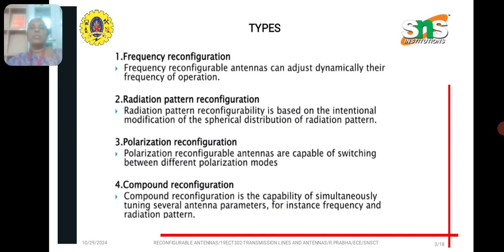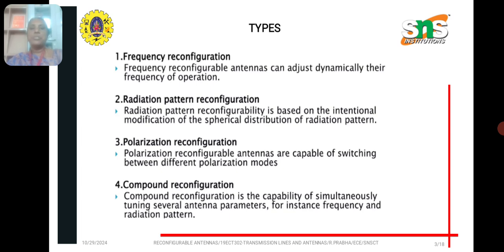There are four types of reconfiguration. One is frequency reconfiguration, second is radiation pattern reconfiguration, third is polarization reconfiguration, fourth is compound reconfiguration. In frequency reconfiguration, these antennas can adjust dynamically their frequency of operation.